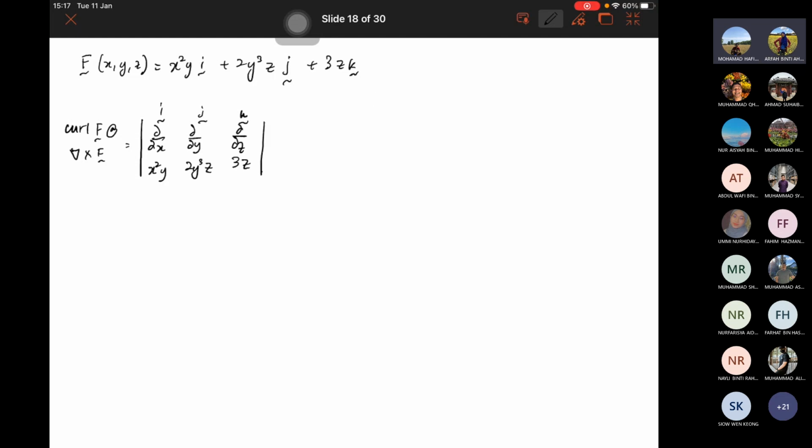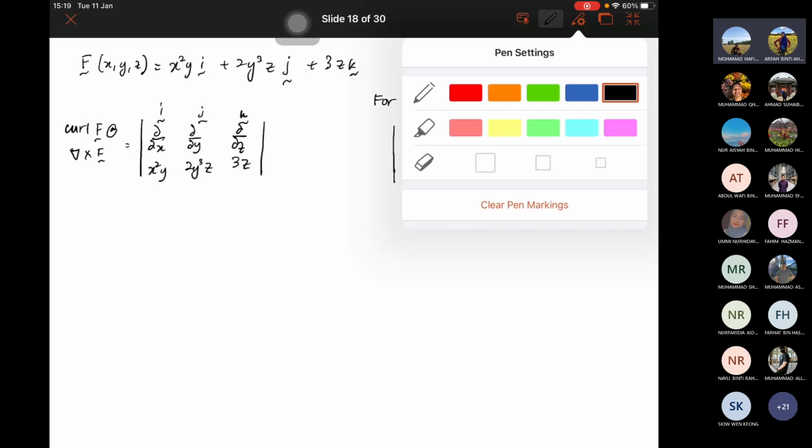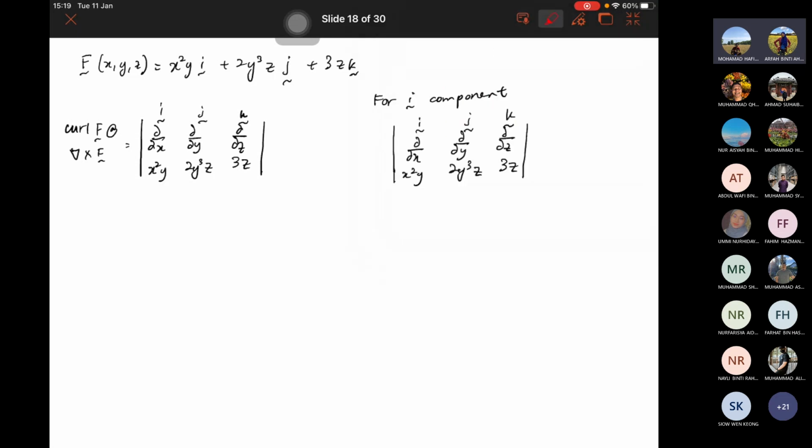Okay. So for i component, so dia punya curl akan jadi this is i, j, k. x squared y, 2y cube z and also 3z. So kita akan tutup kolom i.